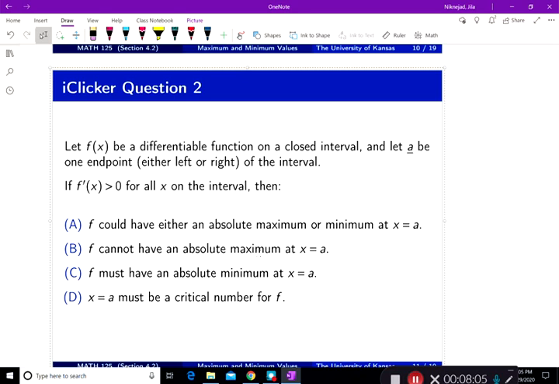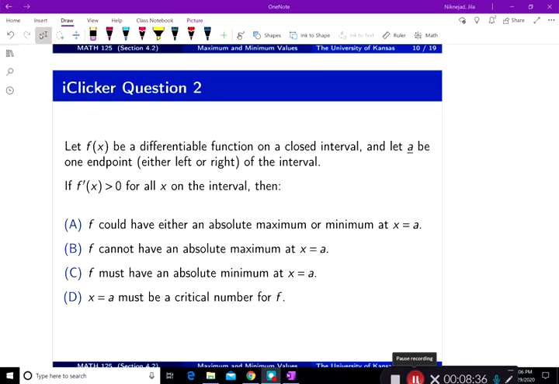B, f cannot have an absolute maximum at x equal to a. C, f must have an absolute minimum at x equal to a. D, x equal to a must be a critical number for f. So I suggest stopping the video and coming up with the answer, and then coming back to watch the solution.